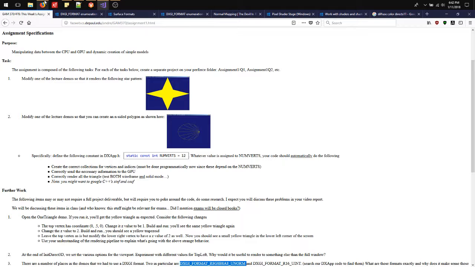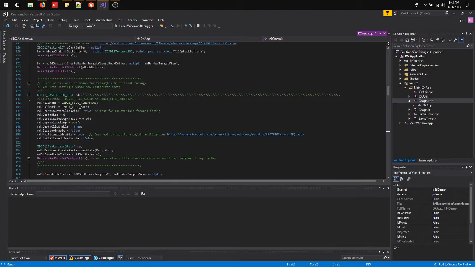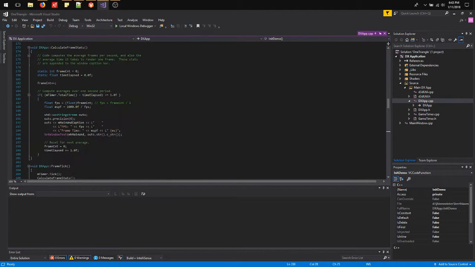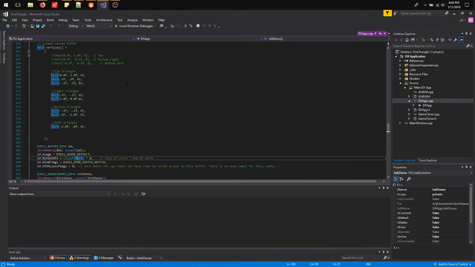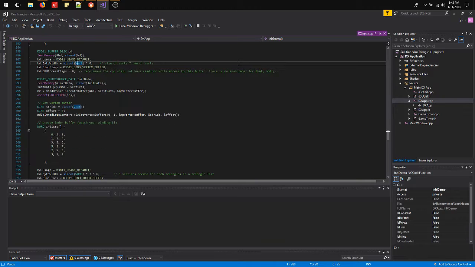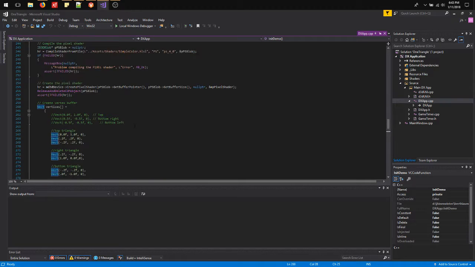Okay, so first one is the star question. Here I have it initially as wireframe, and the winding for the triangles is counterclockwise. Down here, for the triangle vertices and the indices, they all start going counterclockwise to draw the triangles.